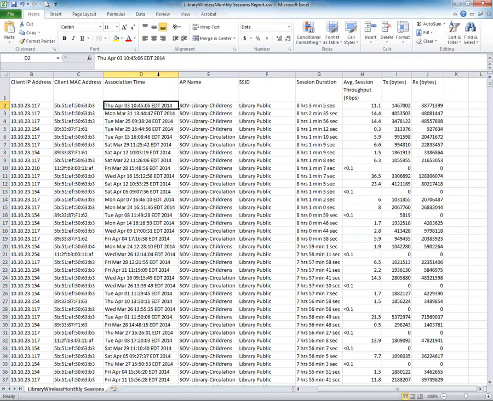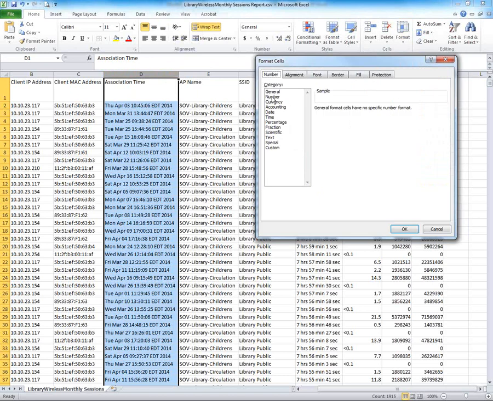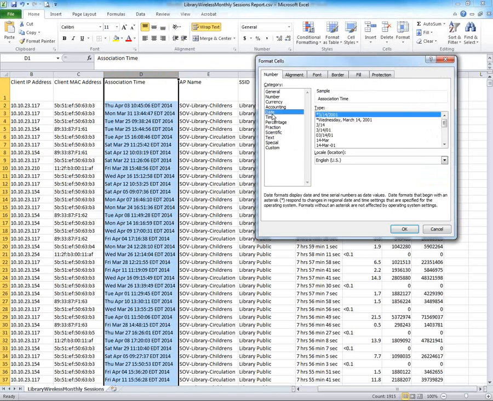I'm going to try one more time to change the format of that so I know that it's in date format. Format cells, format date, and format that way, and say OK.